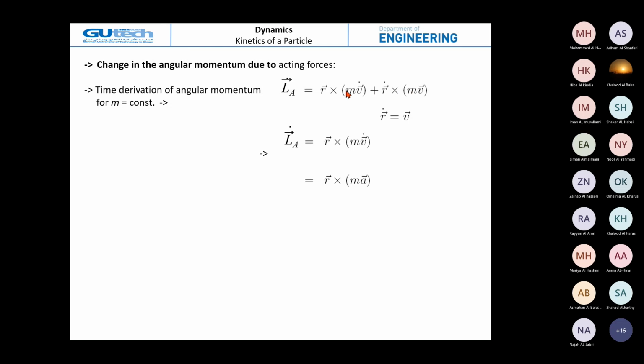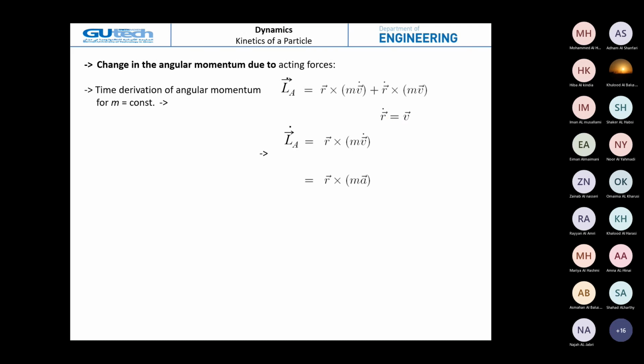Okay, as the mass is constant, the term where we make r cross dm over dt multiplied by v will be equal to 0. As we know also that the time derivative of the vector position is only the velocity.